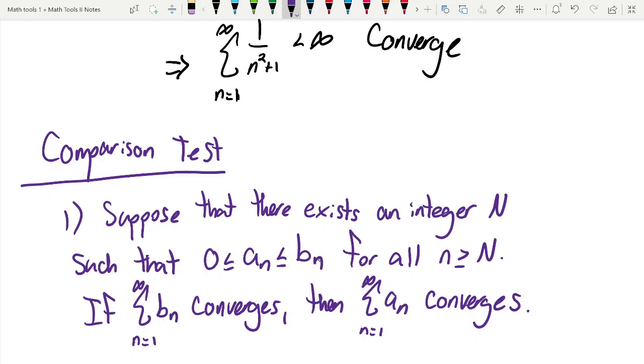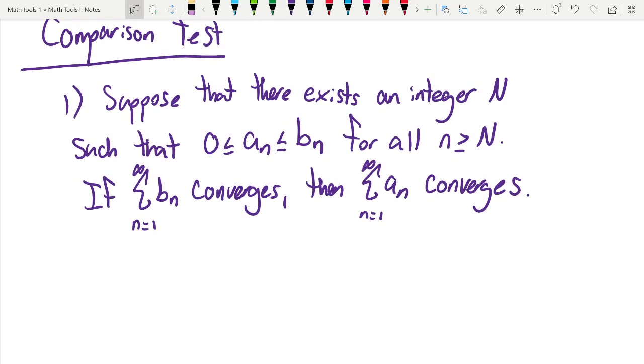If that one converges, then we know that this one must also converge. It's because every single term in a sub n is less than every single term in b sub n, so the sum overall is going to be less than or equal to the sum overall of the other. If this one is finite, this one must also be finite.